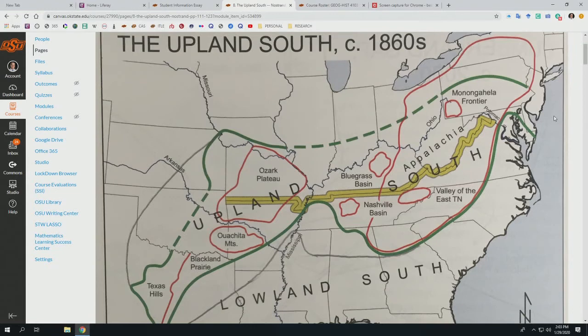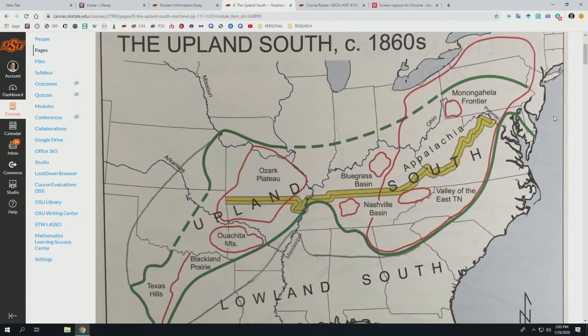If you've ever driven through Nashville, especially into the Nashville Basin or into the Bluegrass Basin, you cross through these escarpments of limestone. It's real obvious. But within the basin, the soils are based on limestone, and they're very, very high quality.